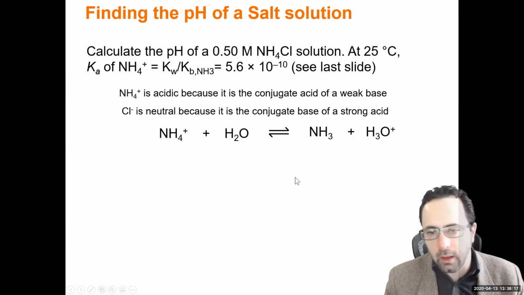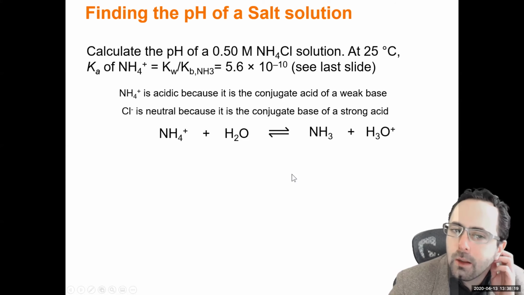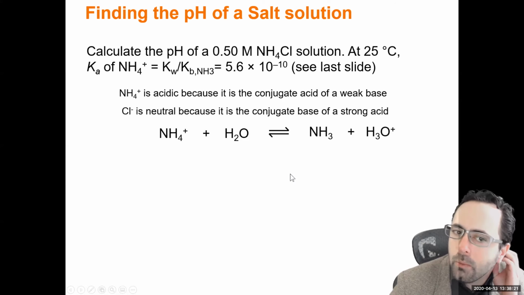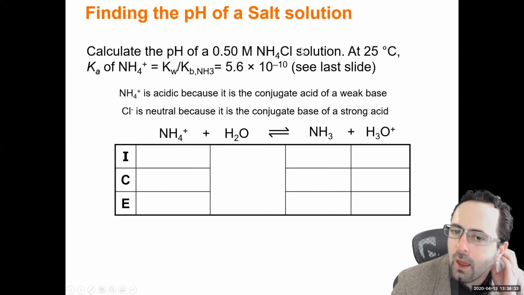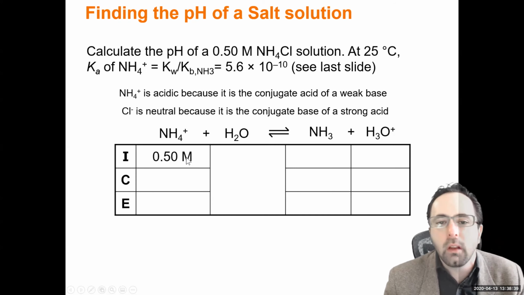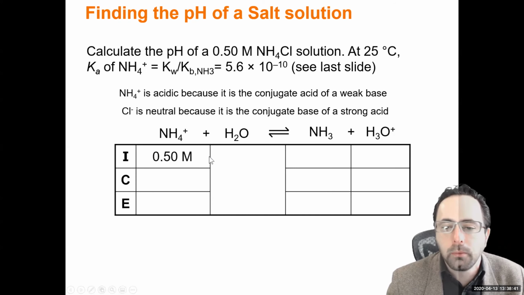Like all these where we have to determine the pH at equilibrium, we're going to have to make an ICE table. And our ammonium chloride is 0.5 molar. So that means when it separates, it's going to make 0.5 molar of ammonium ions and 0.5 molar of chloride ions, since there's one of each. So our ammonium ion concentration is going to be 0.5 molar.